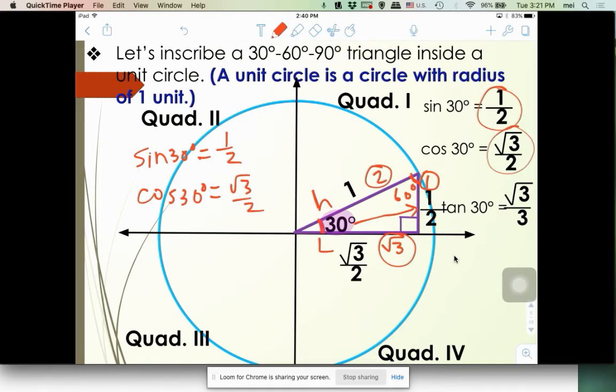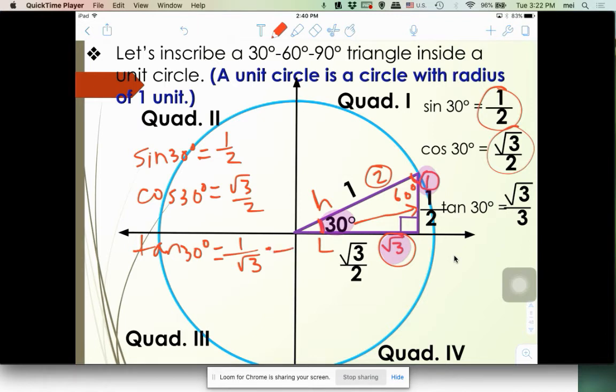And then finally, tangent of 30 degrees. Finding the tangent is the ratio opposite over adjacent. So it's going to be 1 over radical 3. Again, the same rule applies: we cannot have a radical underneath a fraction.